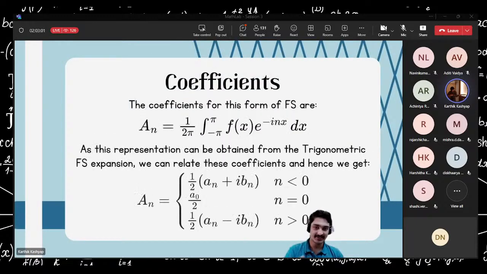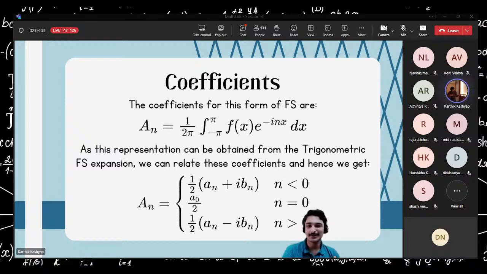Again, the coefficients are this. You can just have a look at this and try to prove it. It is the exact same proof as the trigonometric series.